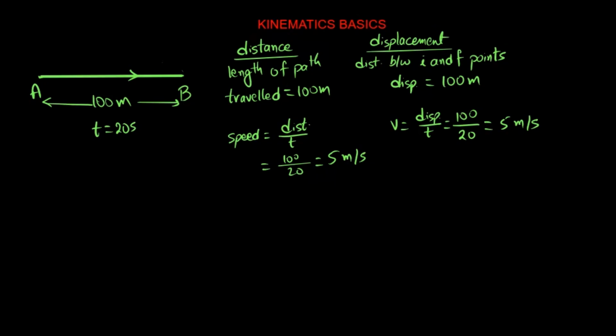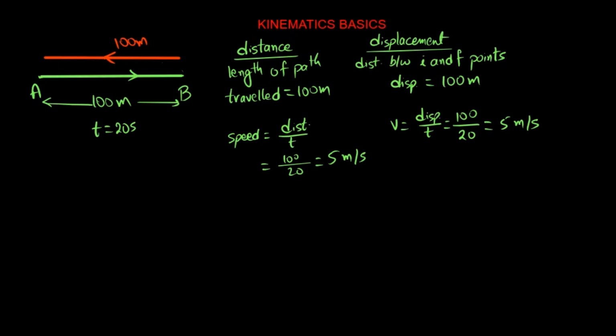Now, let's assume that you go back from B to A. You are going back to your original point. You traveled towards the left, 100 meters again. Now, the distance would be the length of path traveled.